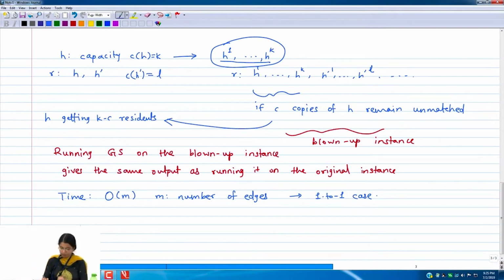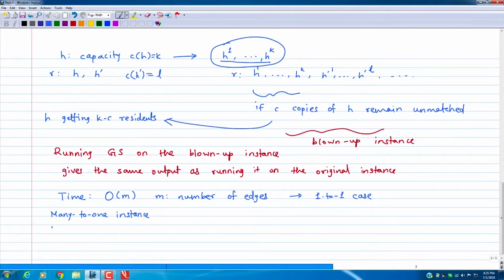Now here, if the many-to-one instance has m edges, how many edges will the blown up instance have?